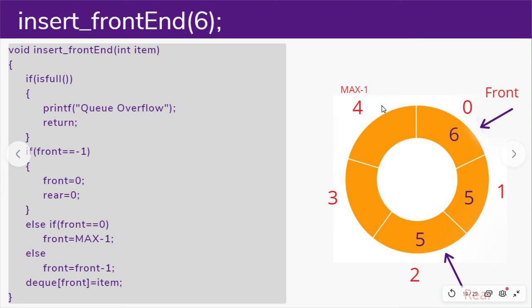So what we are doing here, we are basically connecting either of the ends of the queue. We are just forming a circle or a loop, you can say. Then using DQ of front equal to item, our user inputted data gets inserted in DQ of front, that is on the 4th index 8 would get inserted.